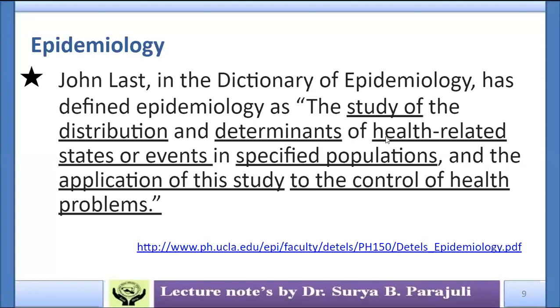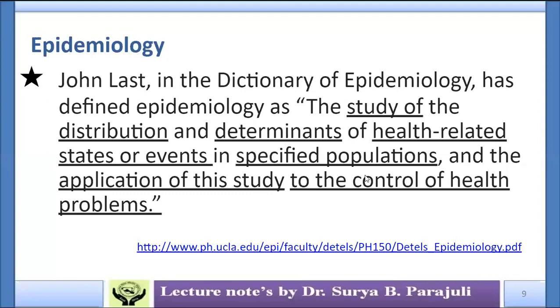The study of distribution and determinants of health-related states means this study of COVID-19 cases, especially the study of knowledge of COVID-19 among first year students of Birat Medical College, the distribution of knowledge among yourselves, and what are the factors that determine your knowledge in terms of your assessment of COVID-19. Okay, I think it's more clear in terms of COVID-19.